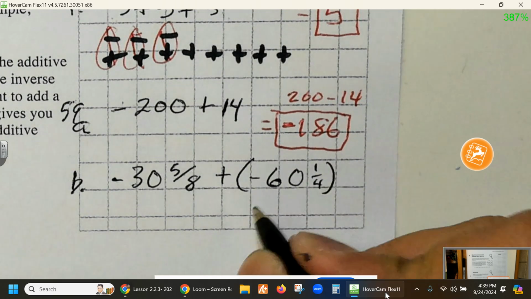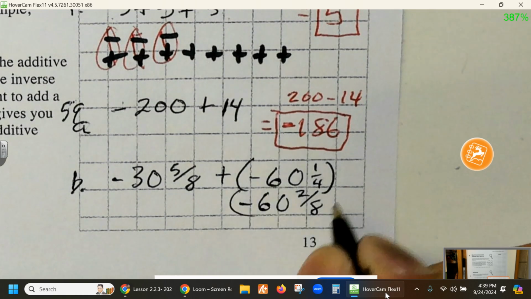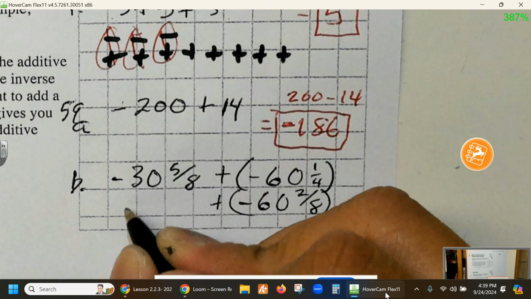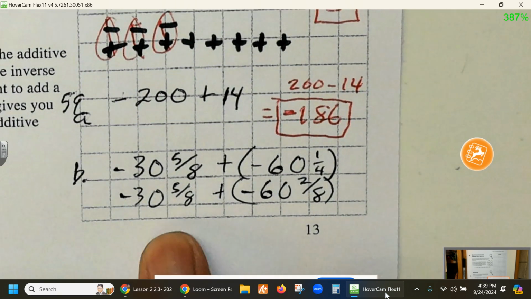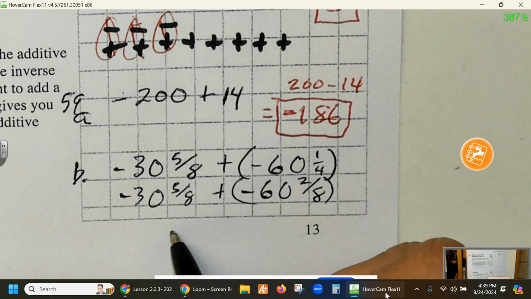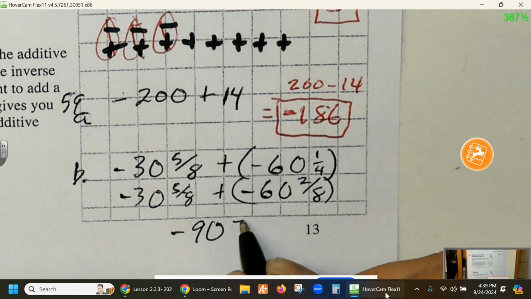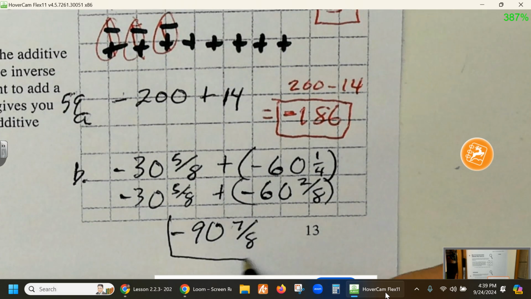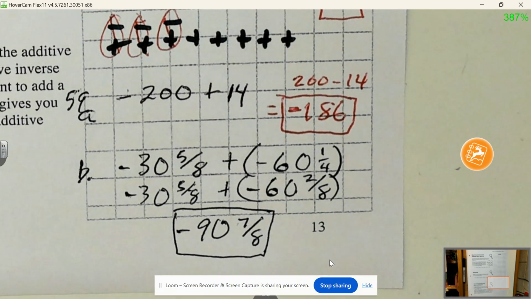So if I change this to negative 60 and 2/8, I can now add them. So that would give me negative 90 and 7/8. Because everything is negative, and I'm just adding those negatives to negatives to get a larger negative.